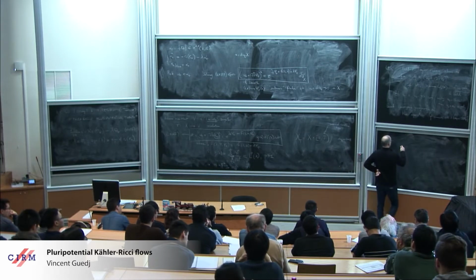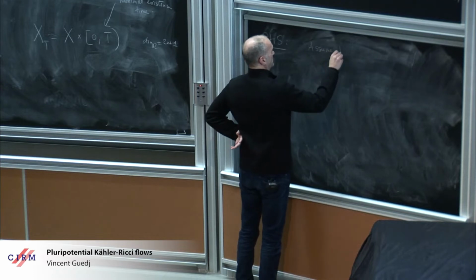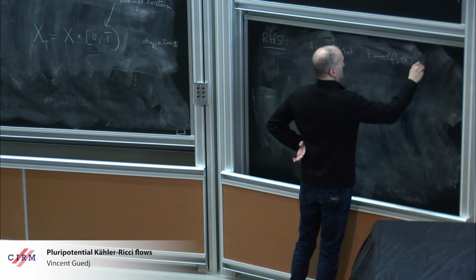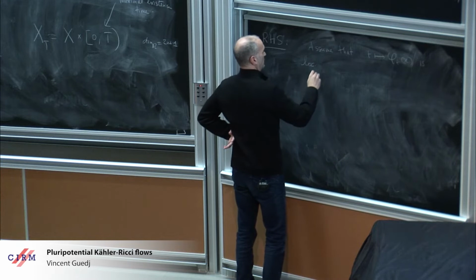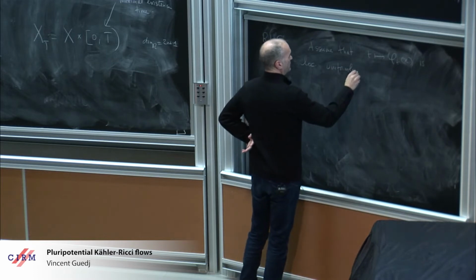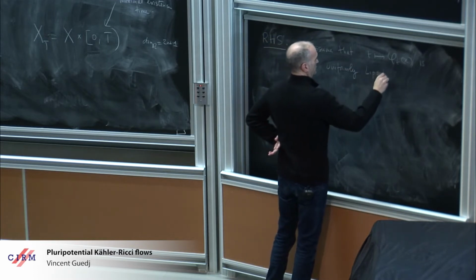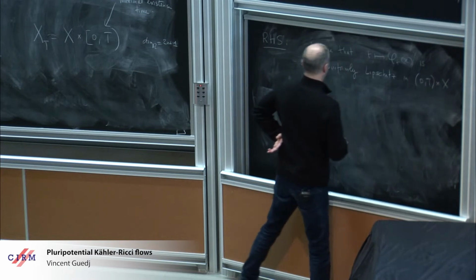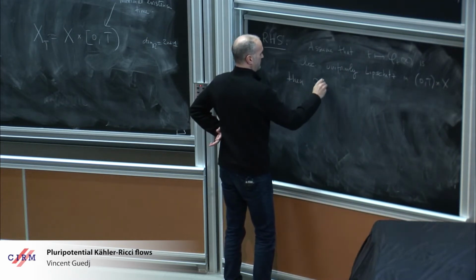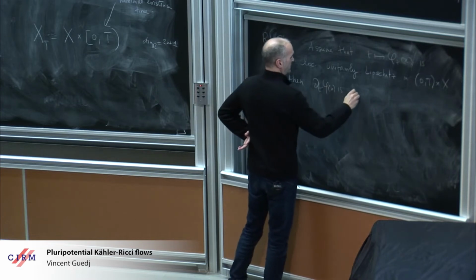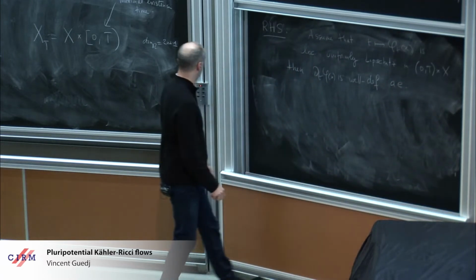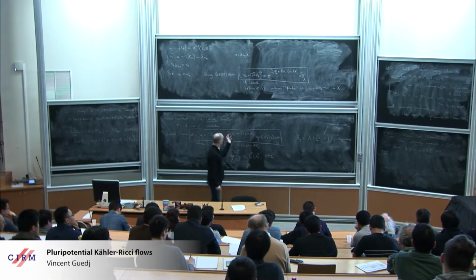So something quite natural is that if we assume that t goes to phi t of x is, say, locally Lipschitz, uniformly in the space variable, then dt phi is well defined almost everywhere, and therefore you can make sense of the right-hand side in the Lebesgue sense.